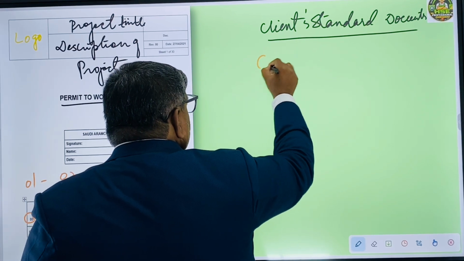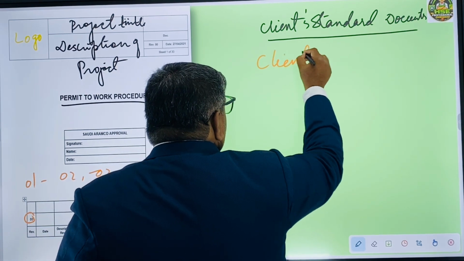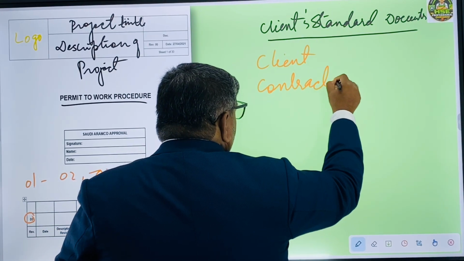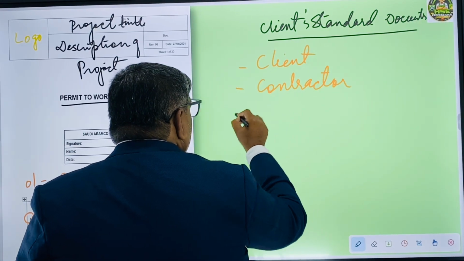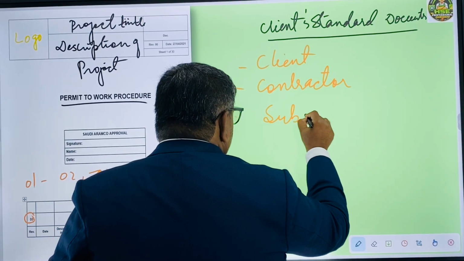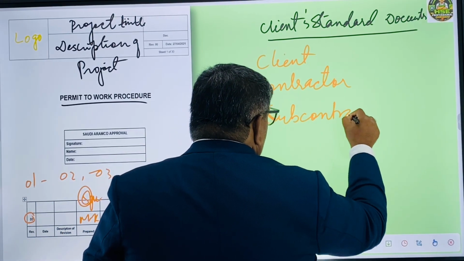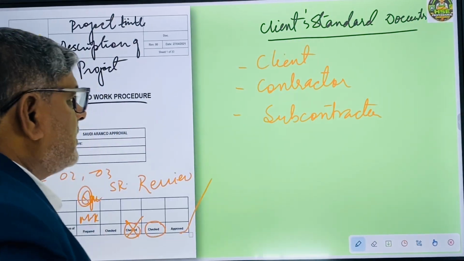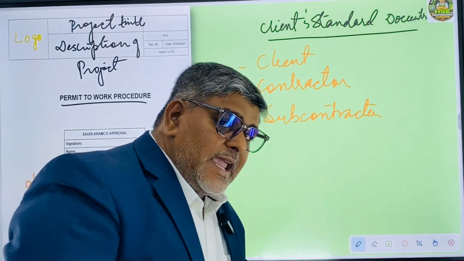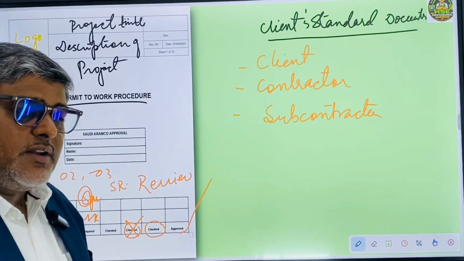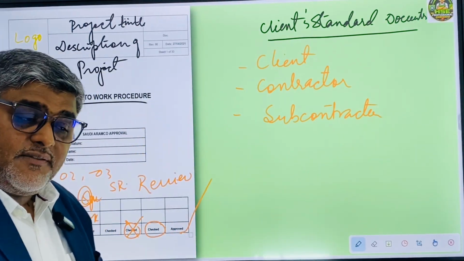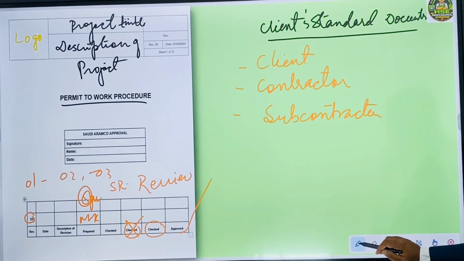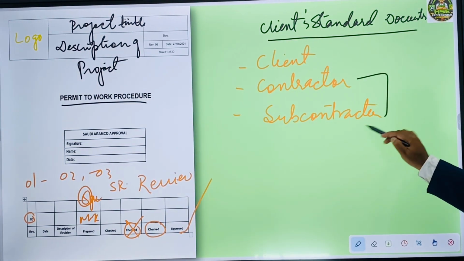It is like there is a client, a contractor, and a subcontractor. The client is the one who gave the project to the contractor. The contractor is the one who owns the project with the contractual agreement, and then the contractor gives some portions of the project to the subcontractor.